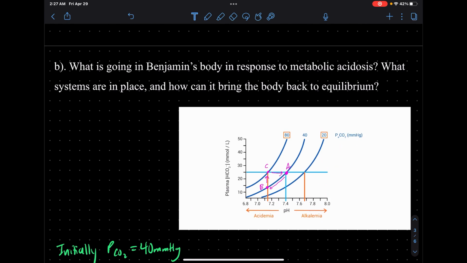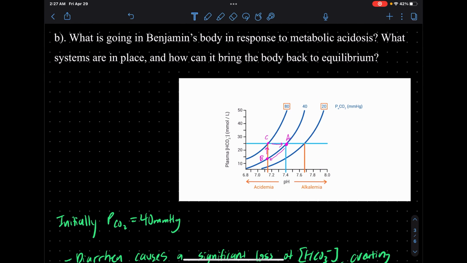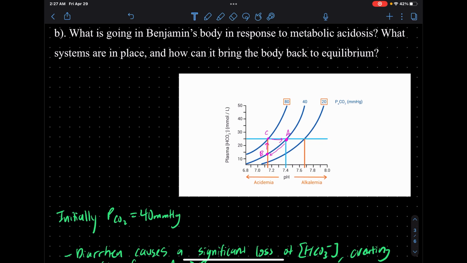And for part B, we want to look at the response to metabolic acidosis. There are two major factors that come into play, which are the renal system as well as the respiratory system. As we see, initially, the partial pressure of CO2 is 40 mmHg.